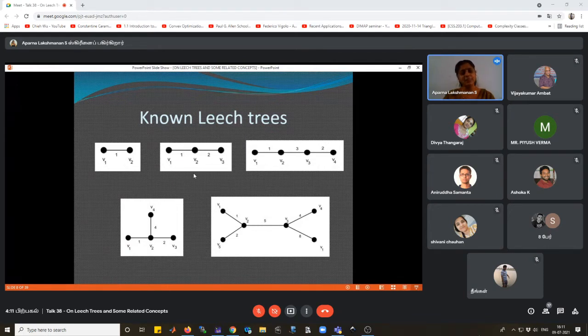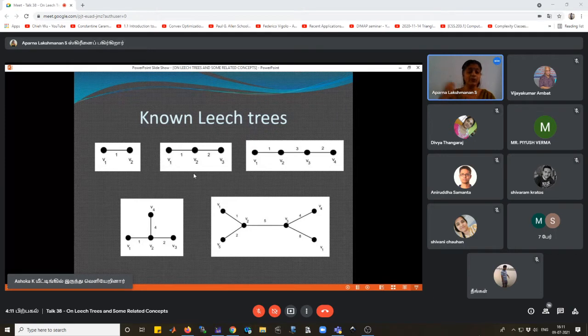He has not explained it in full detail, but if we can find Leech trees, those Leech trees can be used to build good electric networks. That was his concept: how we can easily find a fault in that network using this variation in the pathways.